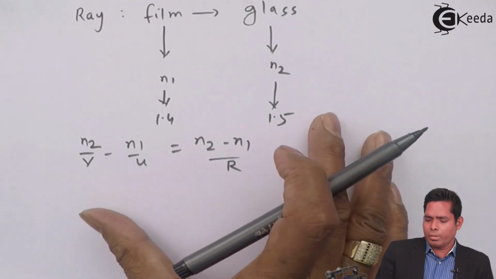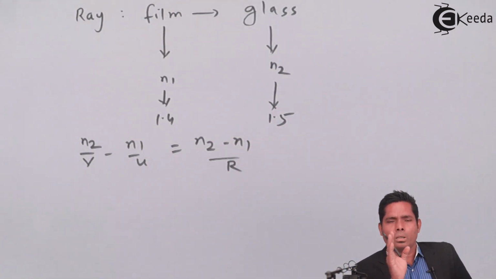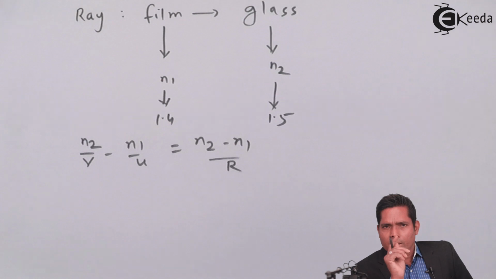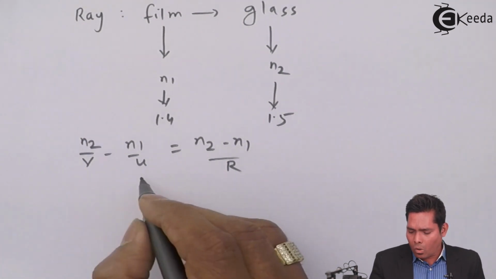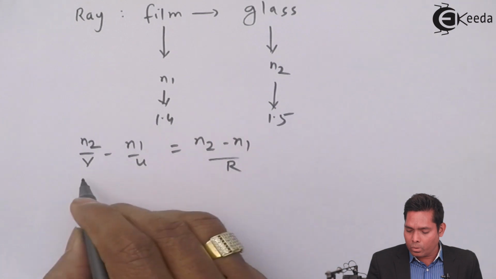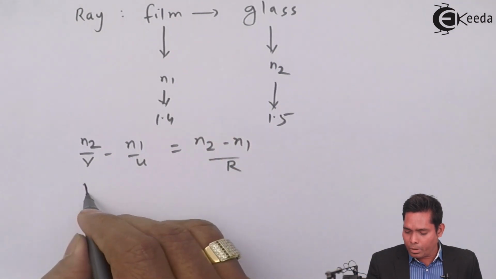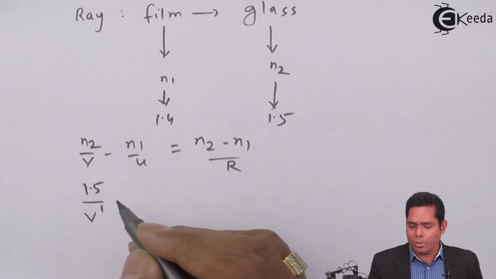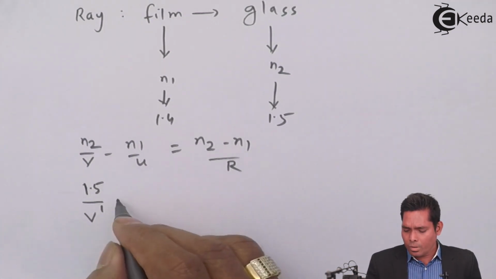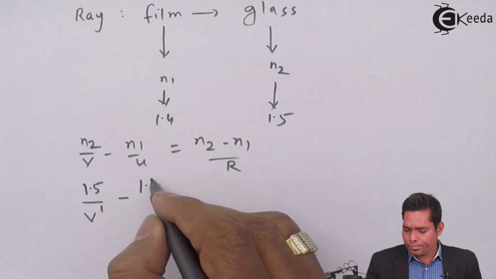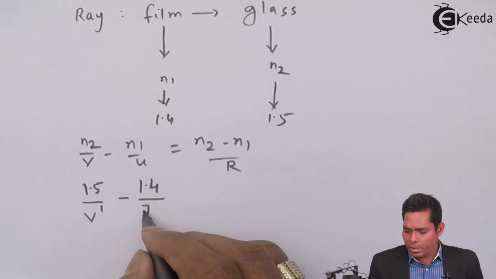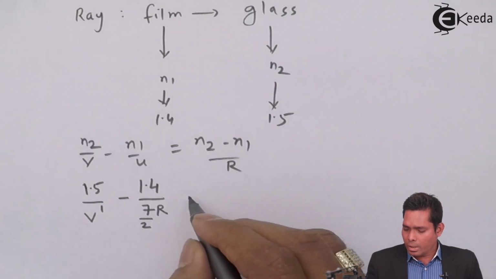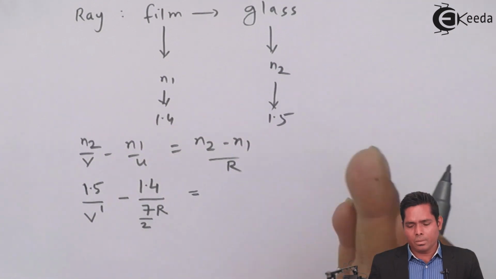Now in this situation, when the ray is traveling from the film to glass, the image that was formed earlier will act as the object. So here it will be the object distance. Where finally it will form, I don't know, so I'll write this is the second medium 1.5 divided by V dash. I don't know where it is formed, so that is the unknown. Minus N1 is 1.4, and the object distance is the image that was formed earlier, that was 7 by 2r, and obviously that is positive, that also keep in mind.